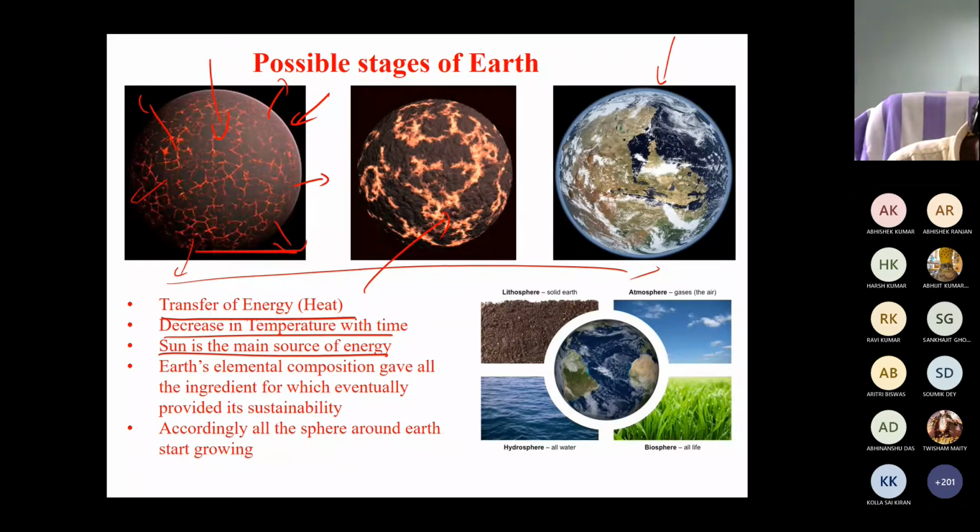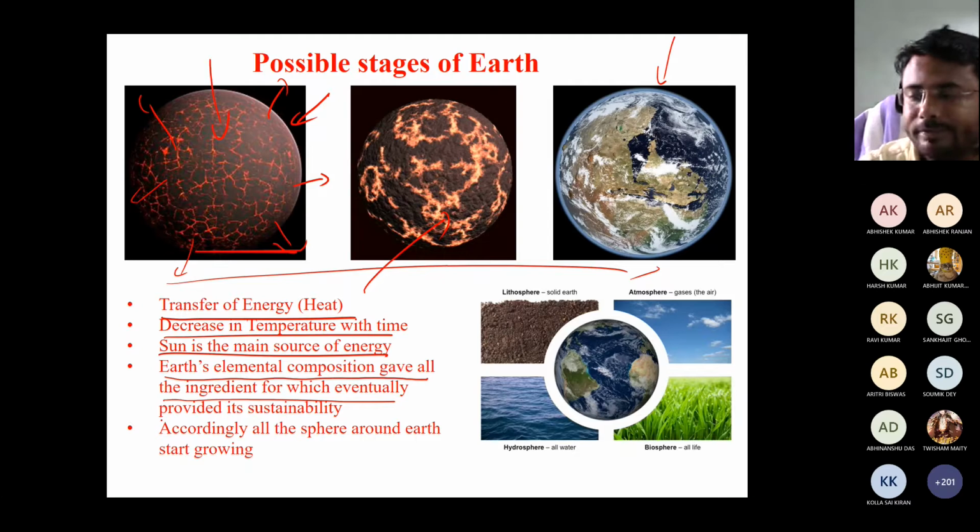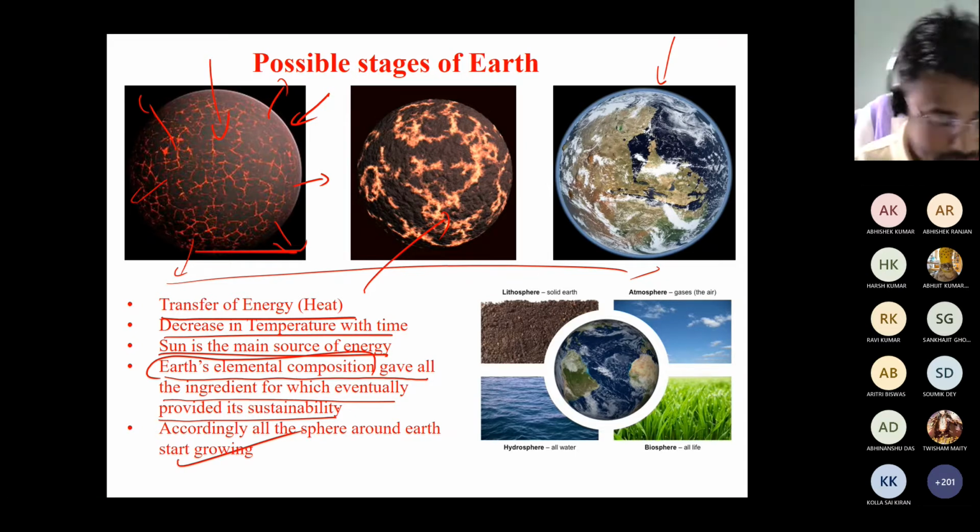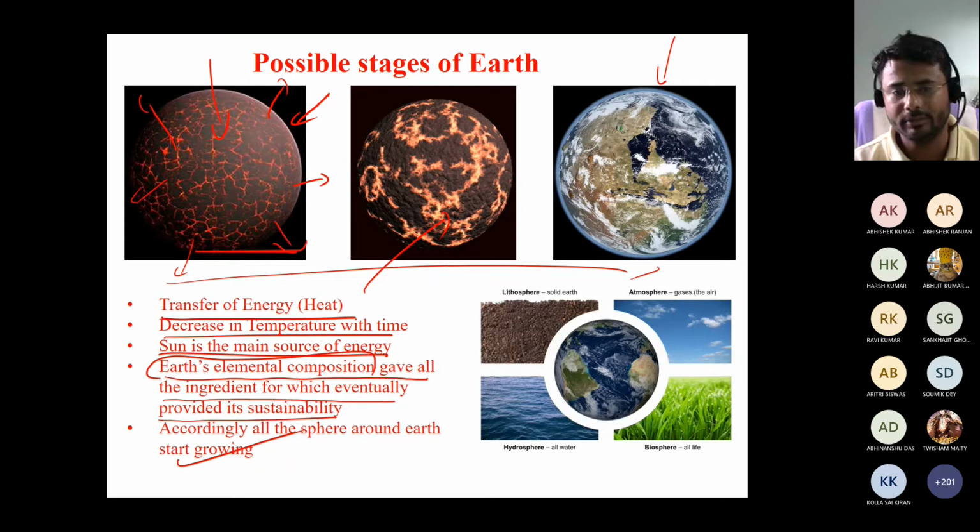The Earth's elemental composition gave all the ingredients which eventually provided its sustainability. That means the life is sustaining in our planet only because of the composition. And accordingly all the spheres around Earth start growing.